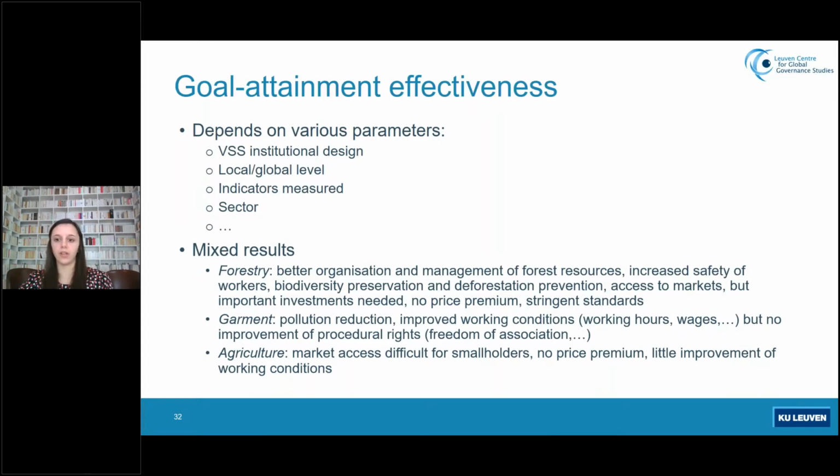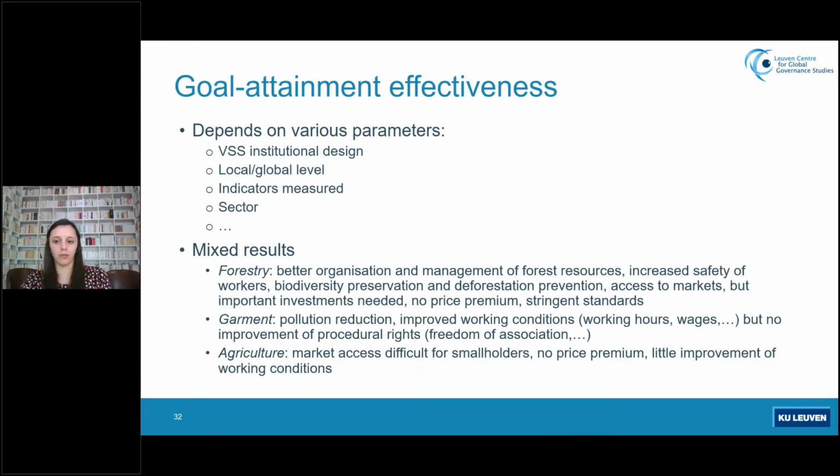So on the whole, the results are very inconclusive, and the impact of VSS really depends on the context, because they can have very positive impacts in one country, in one location with specific conditions, but applied to another context, it doesn't have the same impact.